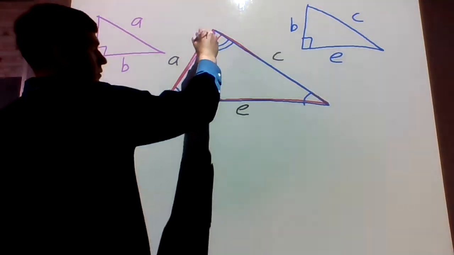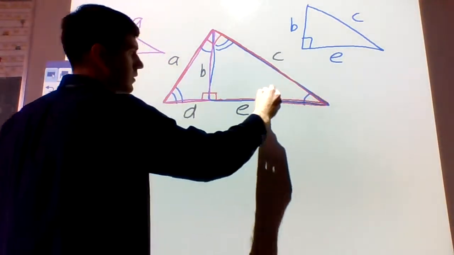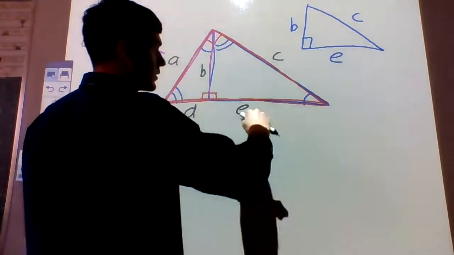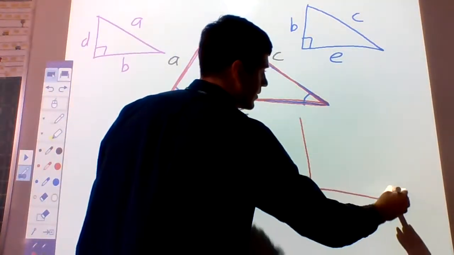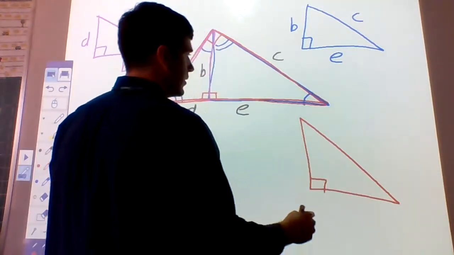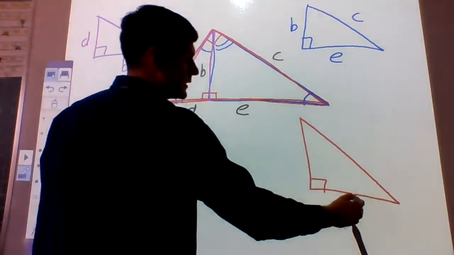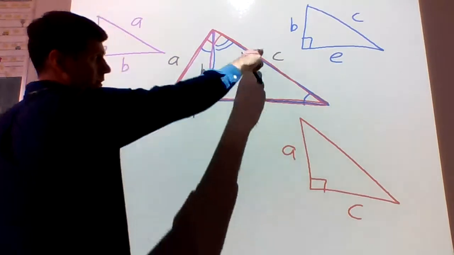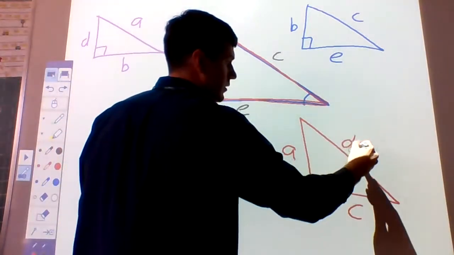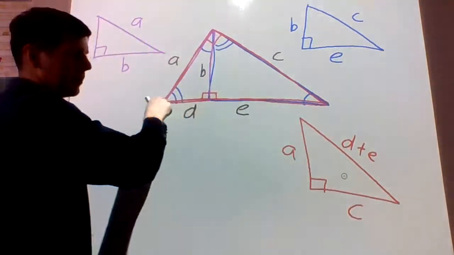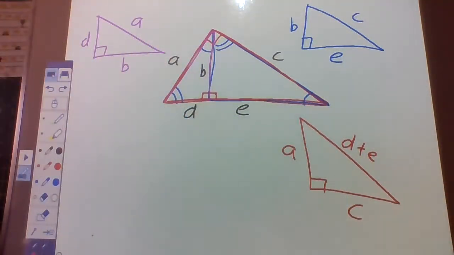The big triangle here. We got to flip this one and then rotate it a little bit. C and A are the 2 legs. Okay, and the hypotenuse then is D plus E. This whole thing is the hypotenuse, so it's going to be D plus E.